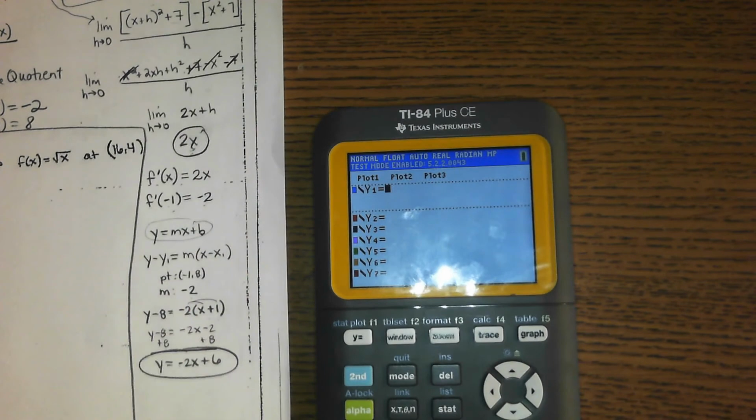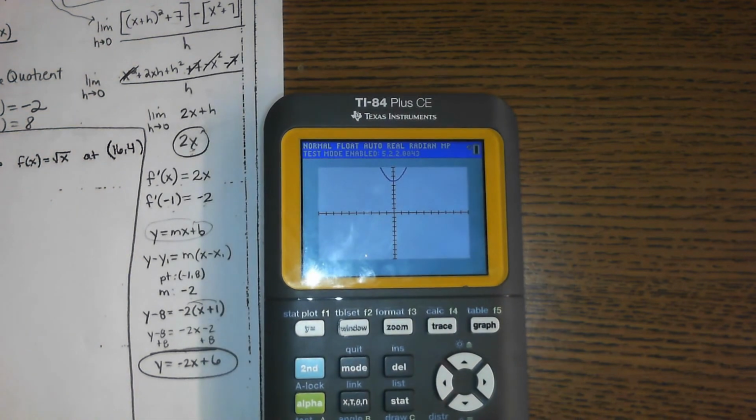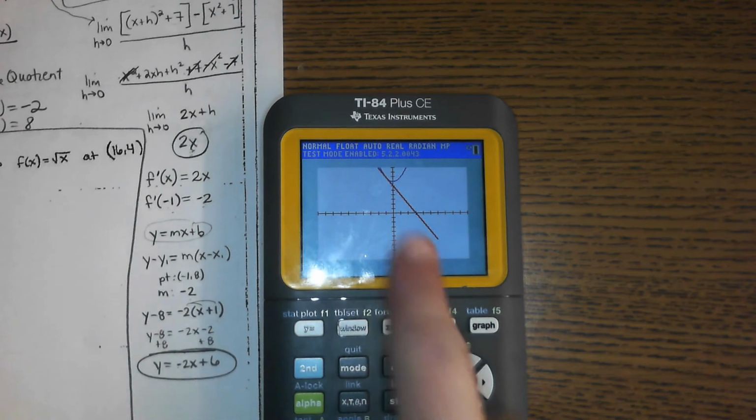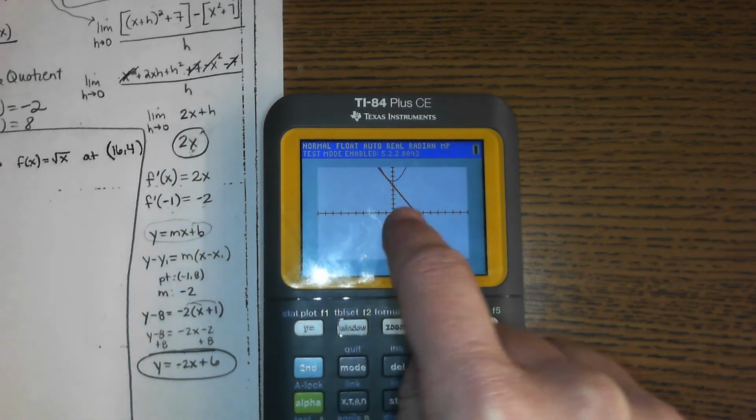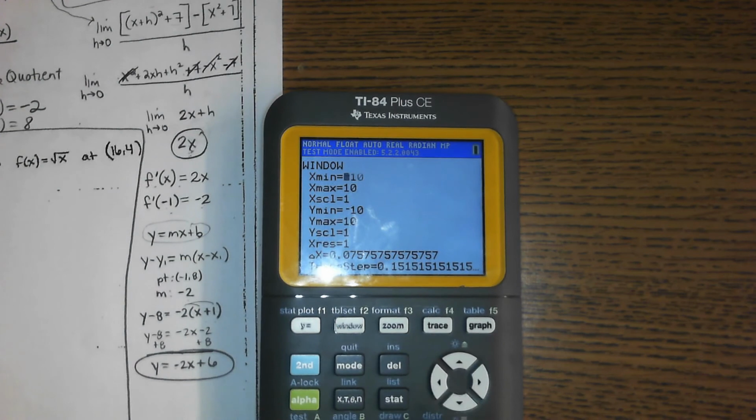x squared plus 7 and negative 2x plus 6. So there's your parabola, and here comes your tangent. Not the best window, because my graph has been shifted up so much, so maybe I change my window from 0 to... Nope, I like negative 10 to 10.